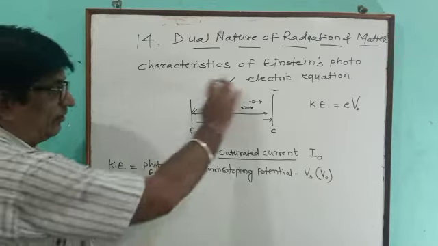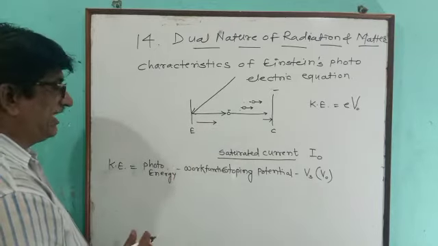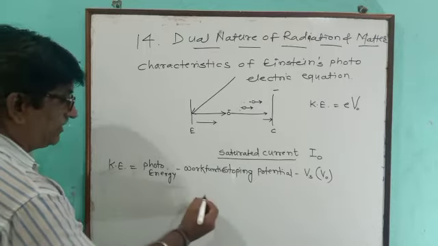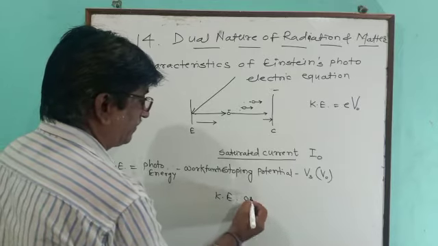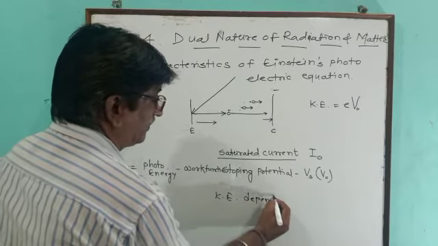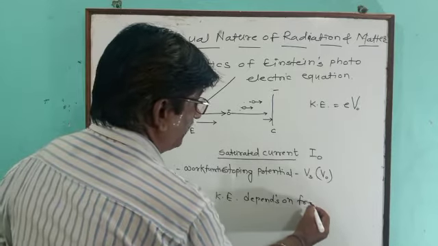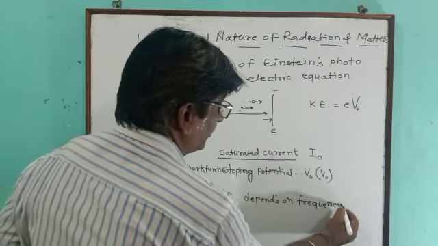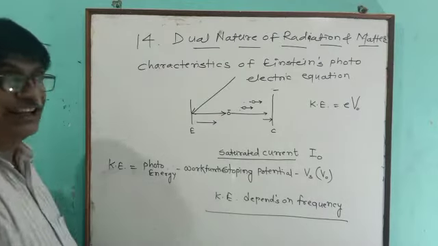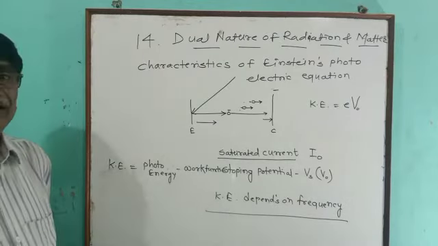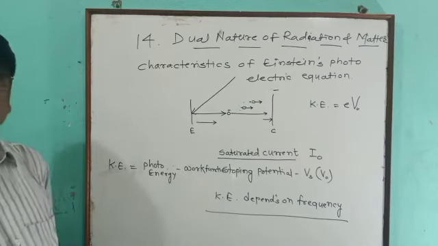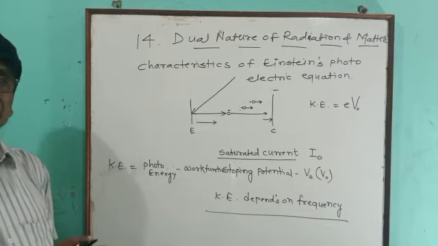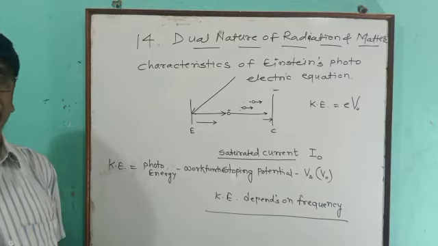From this observation we see that kinetic energy depends on the frequency of incident light, and does not depend on the intensity of incident radiation. These are the observations which can be used to study Einstein's photoelectric equation.